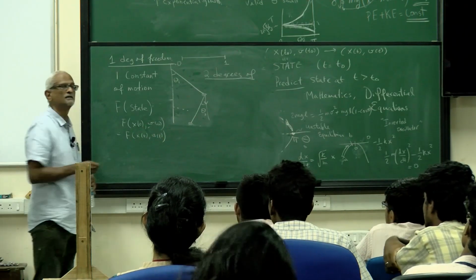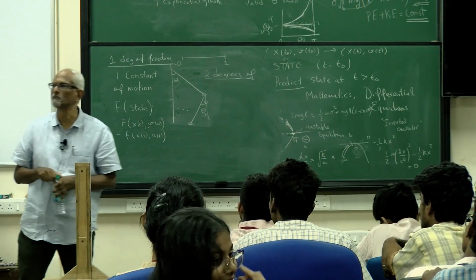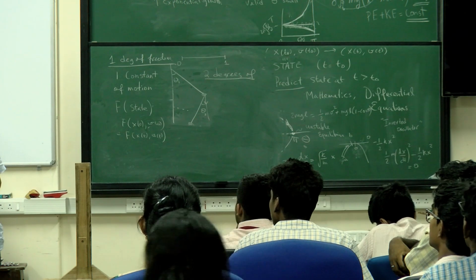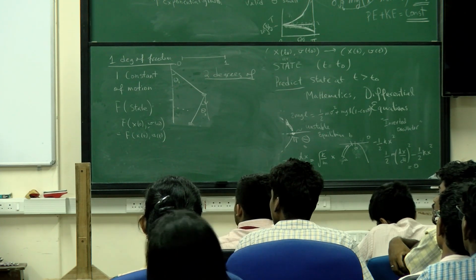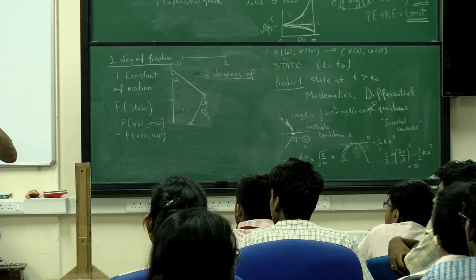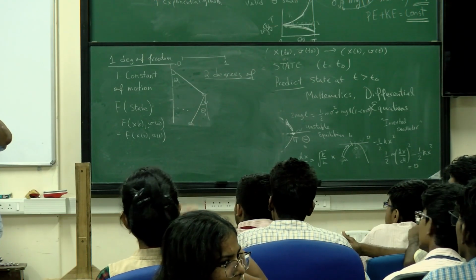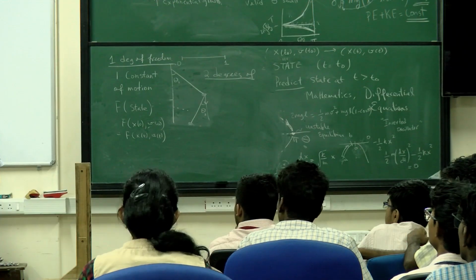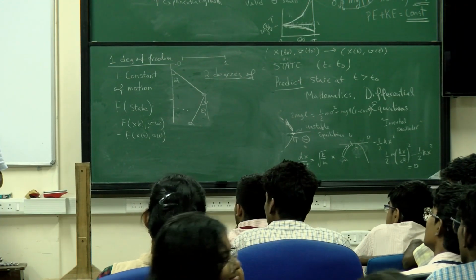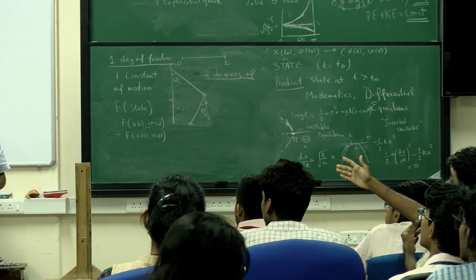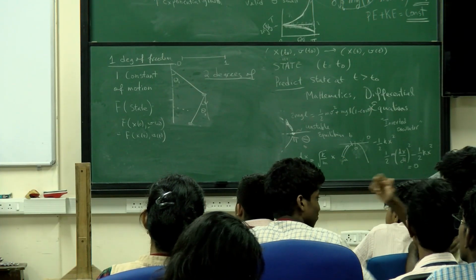This f you will then say is a constant of the motion. Now tell me, for 1 degree of freedom systems, what is a constant of the motion? See, think simple pendulum. Energy. Energy, ladies and gentlemen, energy.